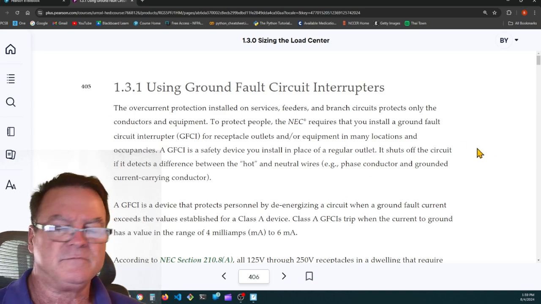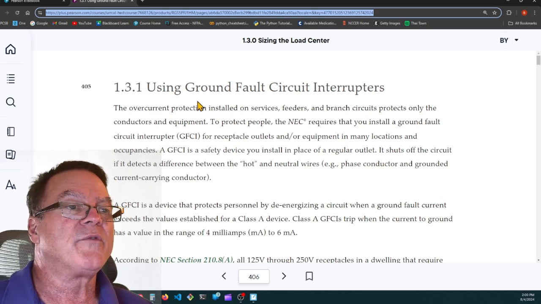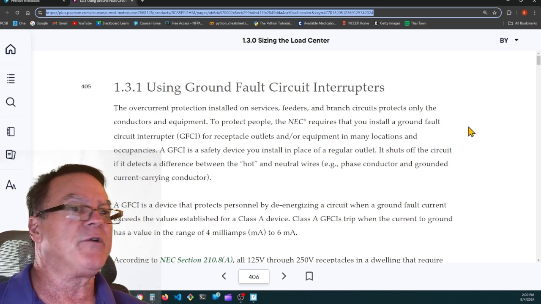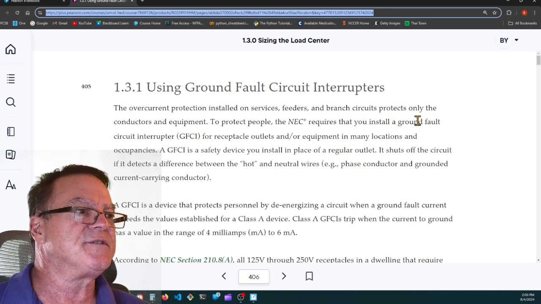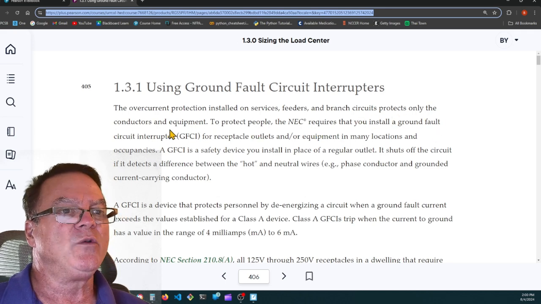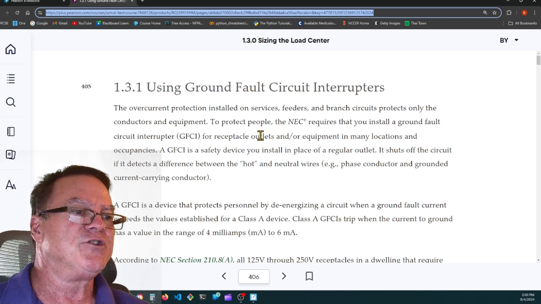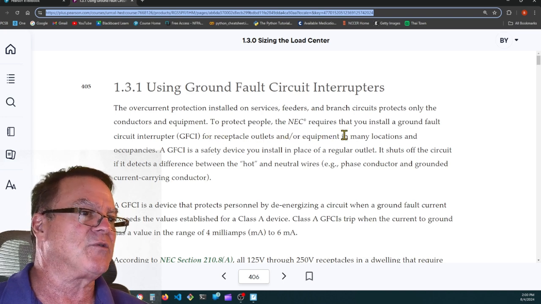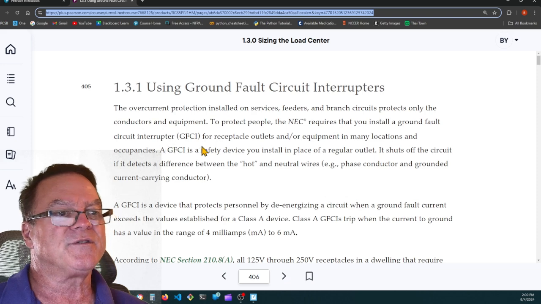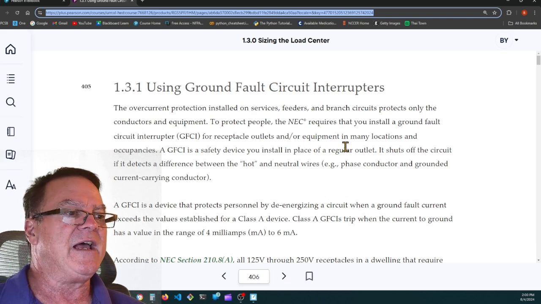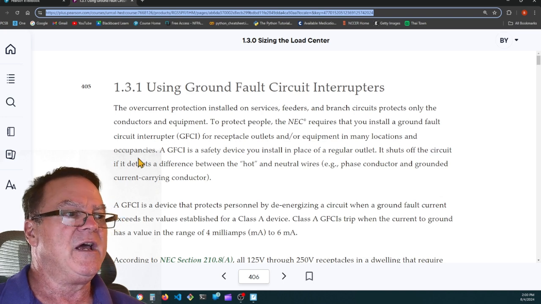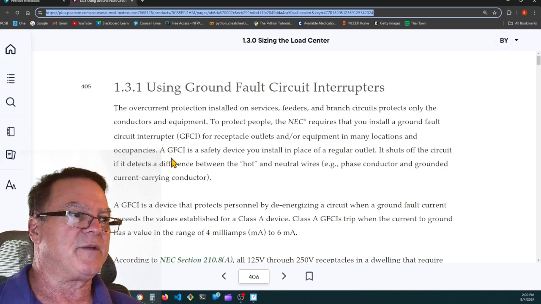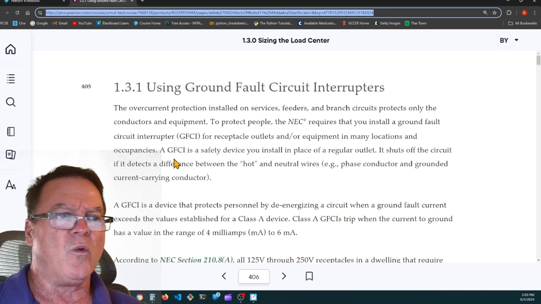Okay, hold on. 1.3.1 using ground fault circuit interrupters. The overcurrent protection installed on services, feeders, and branch circuits protect only the conductors and equipment. To protect people, the National Electrical Code requires that you install a ground fault circuit interrupter for receptacle outlets and/or other equipment in any location, well, it says many locations and occupancies, but any location dealing with water.